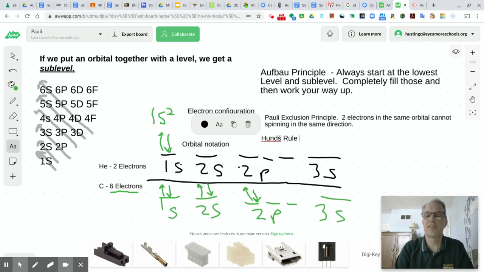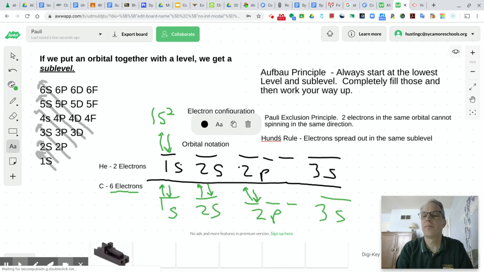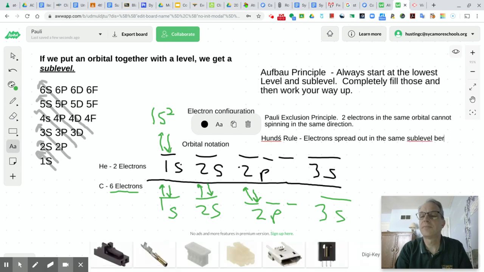Hund Rule says electrons spread out in the same sublevel before pairing up.